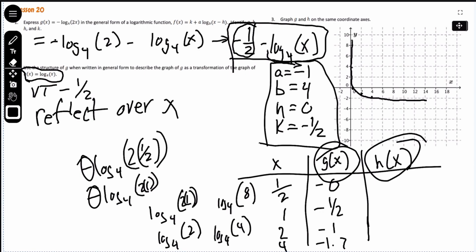How do we get log base 4 to be 1/2? Well, that would be a negative because that's going to put it in the denominator. So it's going to be about a negative 1 something. But just know that it's going to be down here.